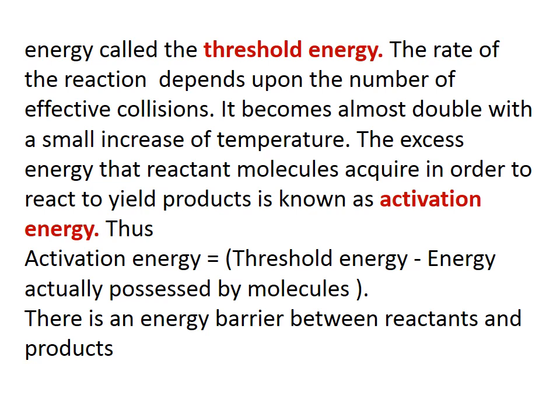It becomes almost doubled with a small increase of temperature. The excess of energy that the reactant acquires in order to react to yield product is known as the activation energy. We can also define the activation energy as threshold energy minus the energy actually possessed by the molecule. This is then the energy barrier between the reactant and the product.